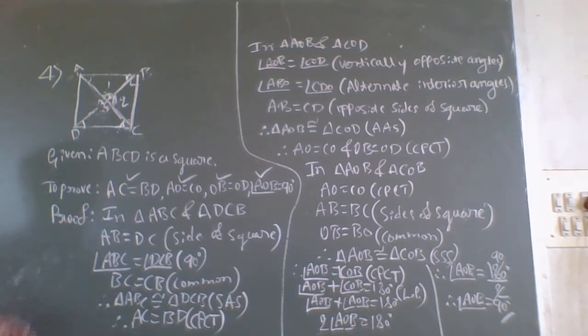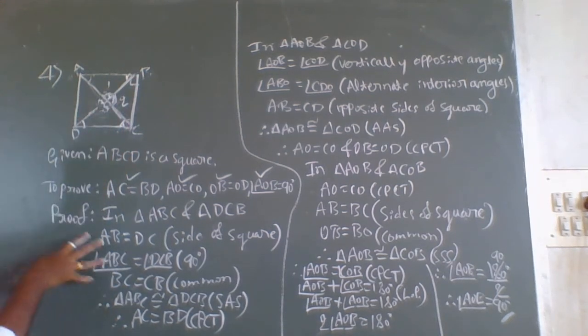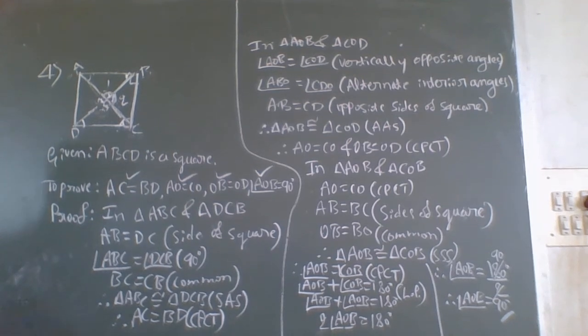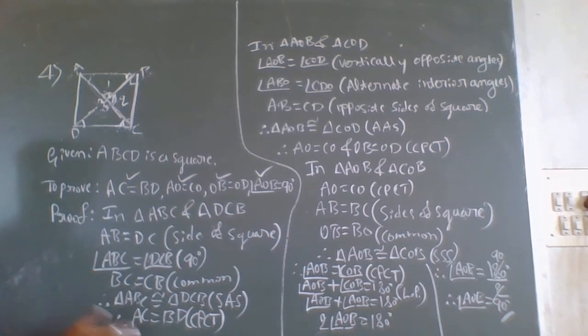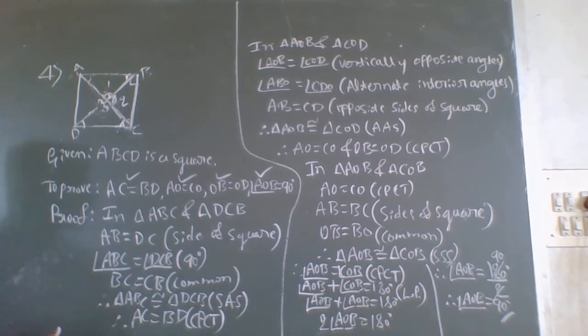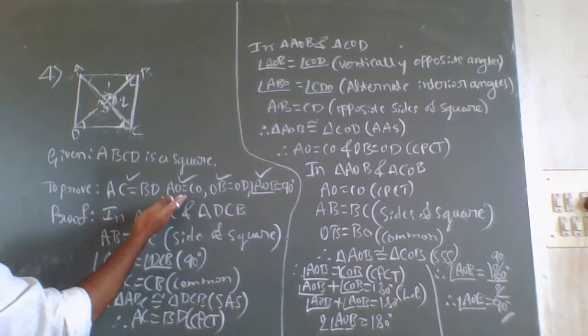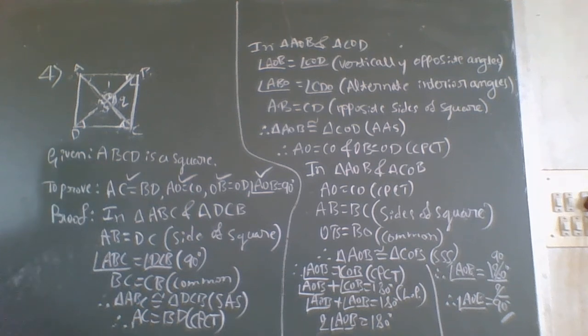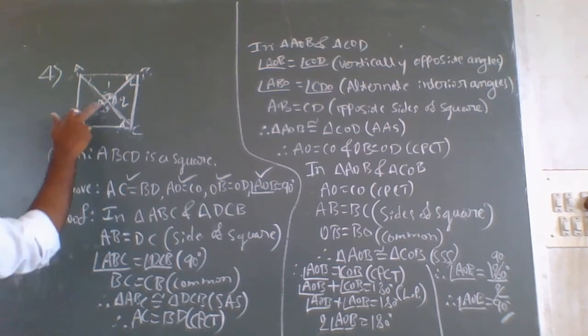First I will consider these two triangles ABC and DCB. So if we prove these two triangles are congruent, then by CPCT we can say that these two diagonals are equal here. So the first one is proved. Here we should write diagonals are equal in a square. For the second one, to prove diagonals bisect each other, means divide equally into two parts, I will consider triangles AOB and COD.